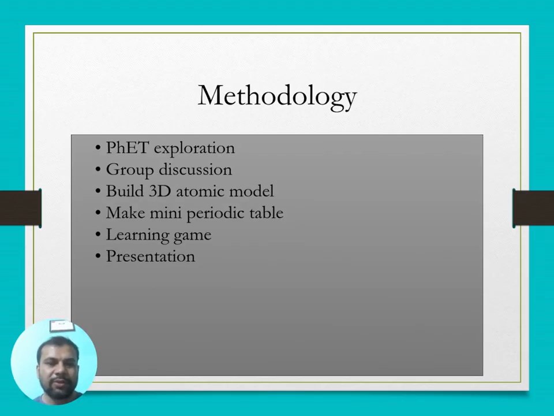Methodology. What methodology is used during the instruction? First, students explore the PhET simulations to understand the atomic structures. Second, they discuss their observations in groups with each other. Third, they construct three-dimensional atomic models.